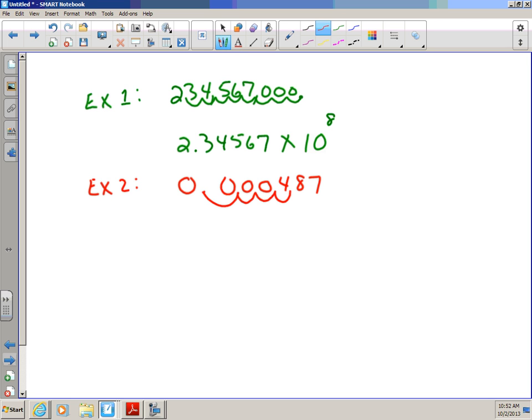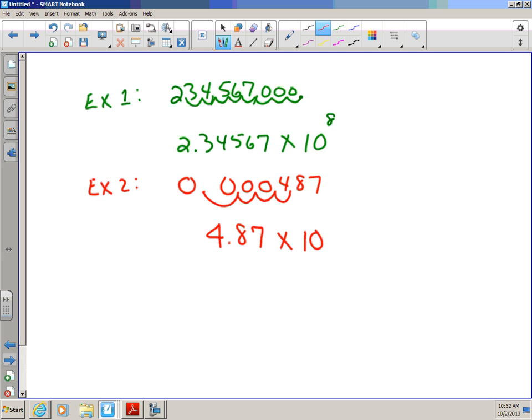I stop here because that'll leave me with a number greater than or equal to 1 and less than 10. But now by moving to the right, I made this number bigger. Offset it, my exponent has to be such that will make it smaller.